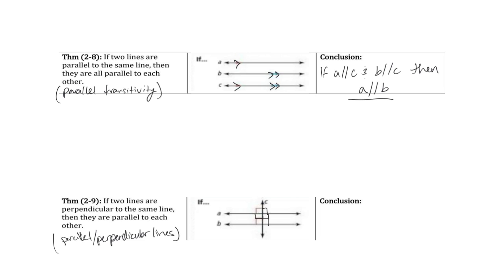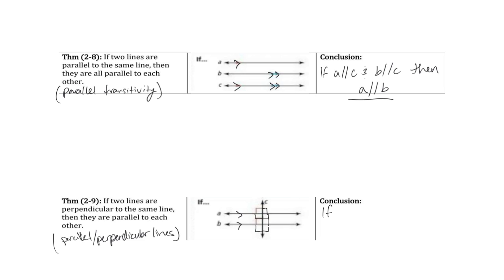We can see the four right angles for intersection AC and intersection BC. So it says if two lines are perpendicular to the same line, so if A is perpendicular to C and B is perpendicular to C, then A has to be parallel to B.